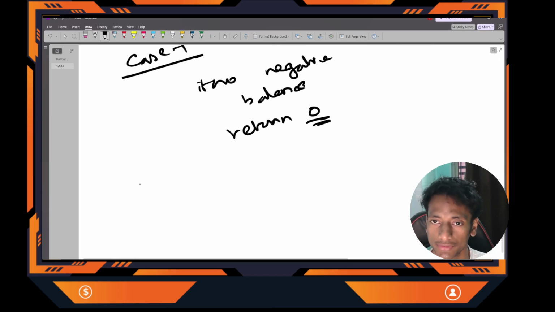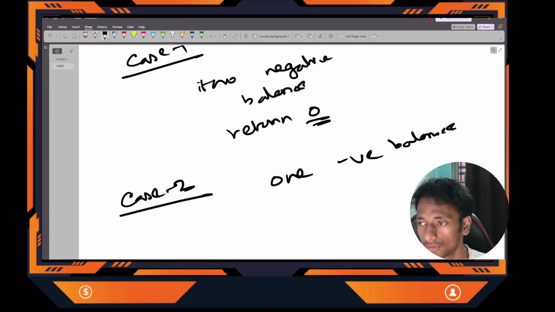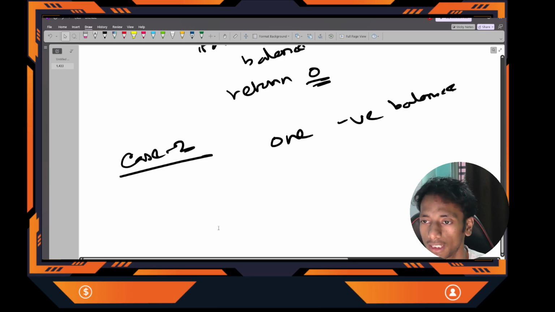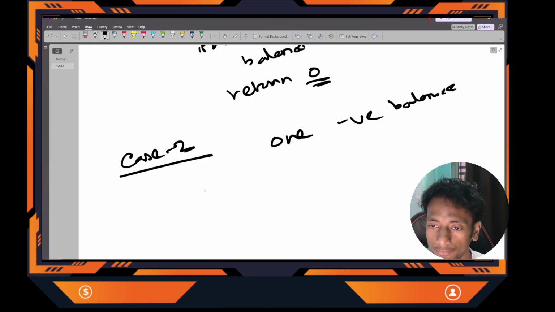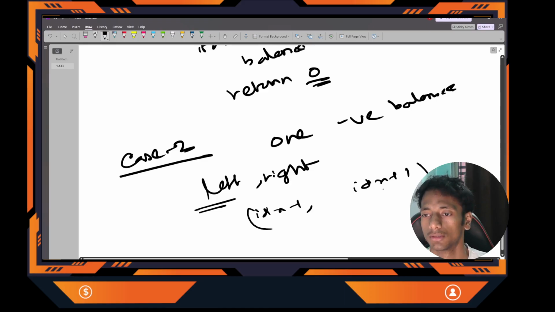Else, case 2: only one negative balance. So I will take 2 pointers, one the left neighbor, another the right neighbor. The left pointer will be idx - 1, and the right pointer will be idx + 1. Clear?